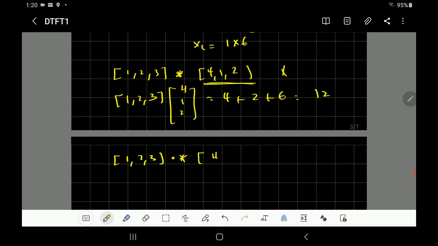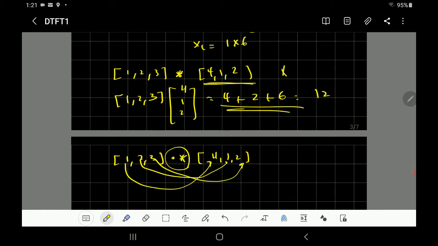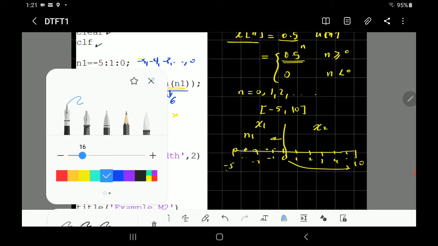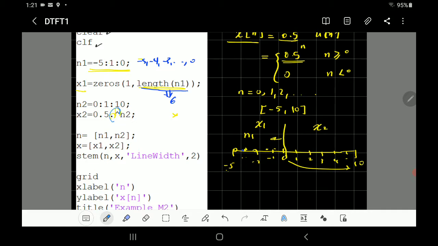When you put a dot, Matlab will understand you want to multiply 1 by 4, 2 by 1, and 3 by 2, and you add. You will do the same thing you did here. That's why you always use a dot before any operation: multiplication, division, power. So that's what I did here. I just put a dot power. All right. So 0.5 power n, where n changes from 0 to 10. So we'll calculate.